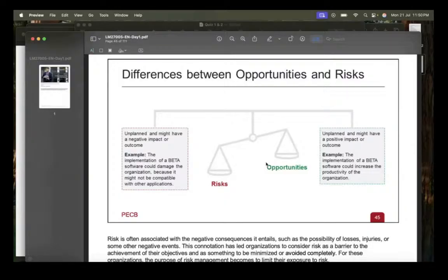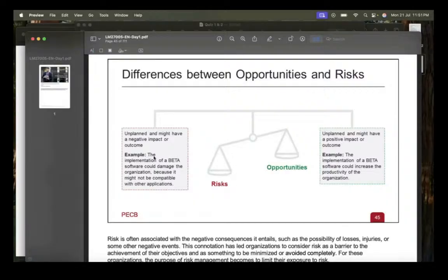Now we are going to compare the difference between risk and opportunities. So we have discussed how we define opportunities, like what is the definition of opportunities in risk management, and then we have discussed the definition of risk in risk management, like what we understand by that in terms of the standards.